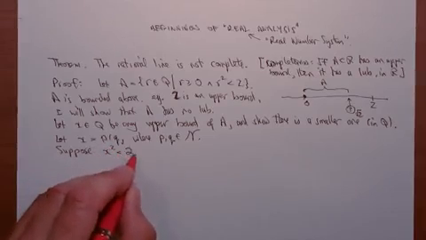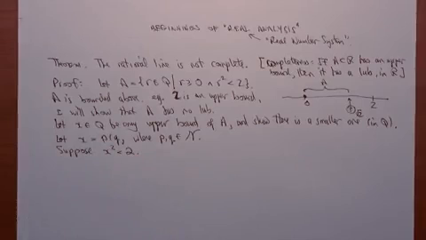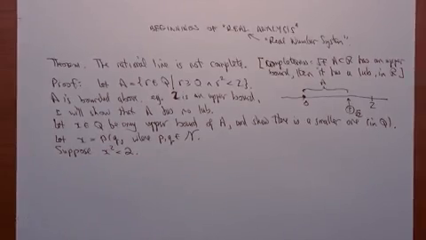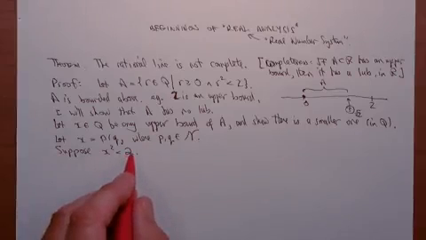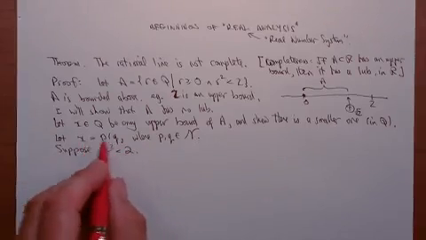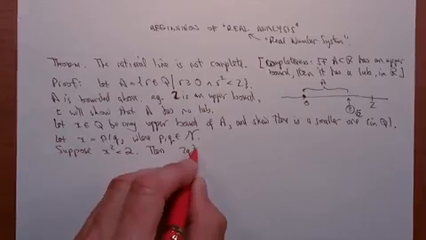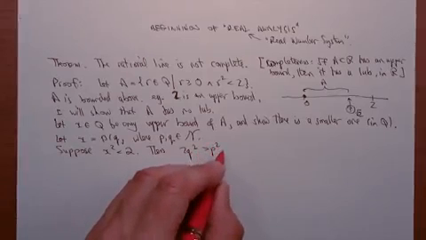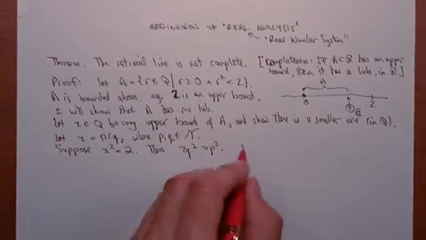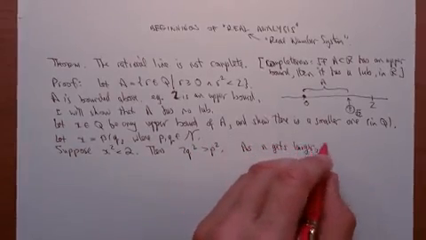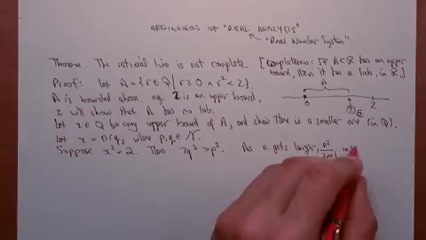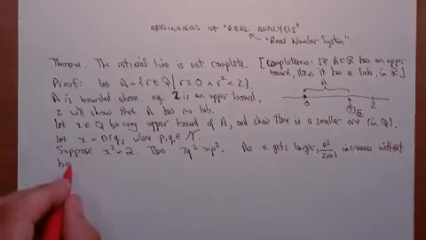Well, let's suppose x squared is less than 2. It's either less than 2 or it's greater than or equal to 2. It's one of the two. Let's just see what happens if x squared is less than 2. In that case, looking at this equation, 2q squared is bigger than p squared. Now, as n gets larger, n squared divided by 2n plus 1 increases without bound.